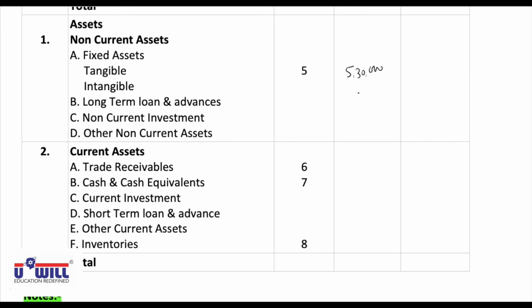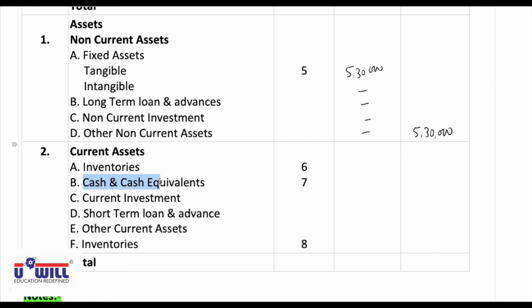Intangible fixed assets nil, all other items nil. So total fixed assets 5,30,000. Now here also inventories must come first in the order in the balance sheet. As per the balance sheet format, inventories must be the first item.